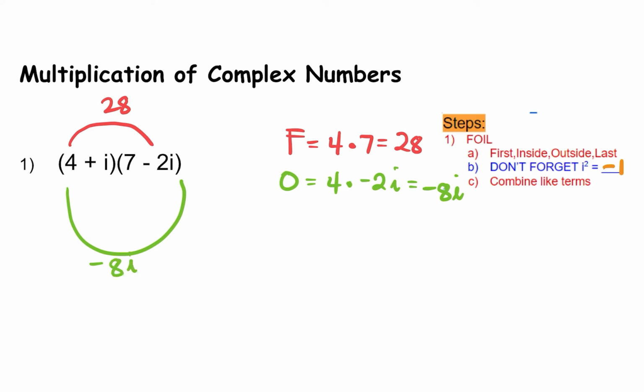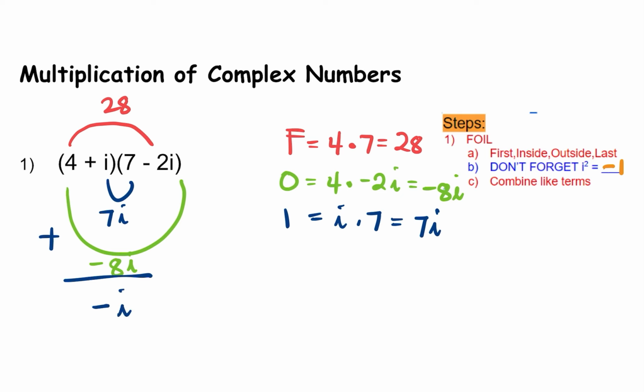And then I stands for inner, and so that would be i times 7, which is 7i. So 7i, and don't forget the middle terms get added because they are like terms. So 7i plus -8i is -i, or -1i.